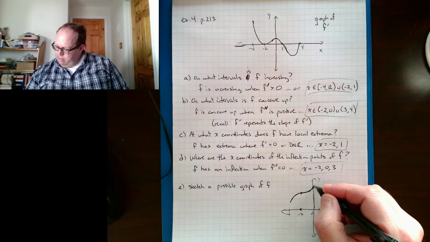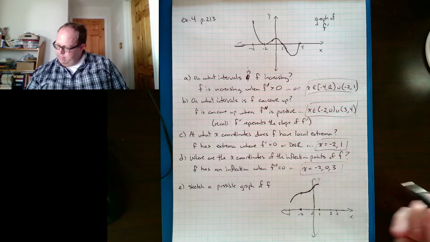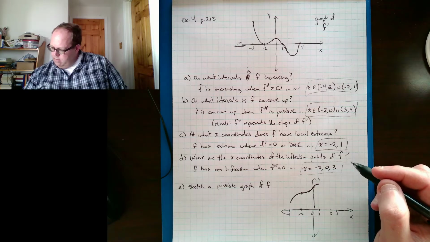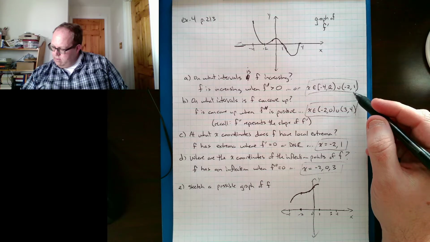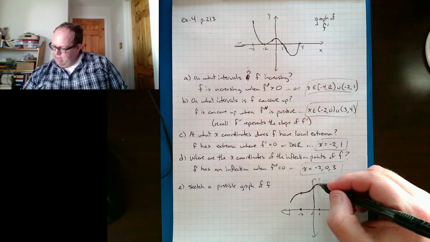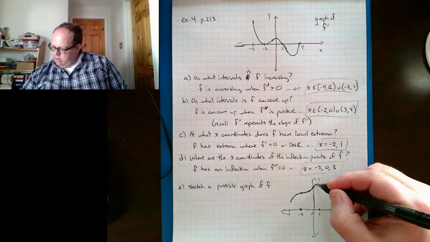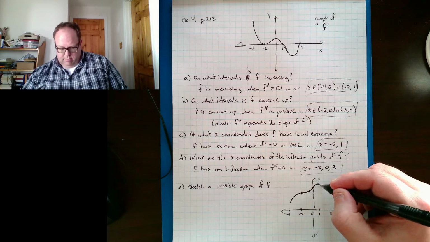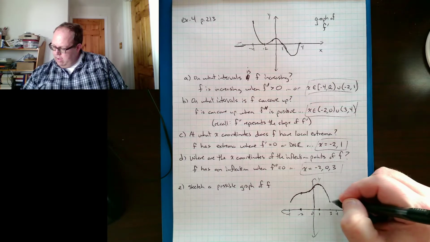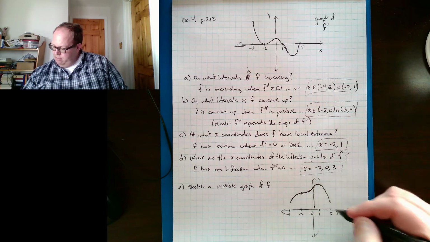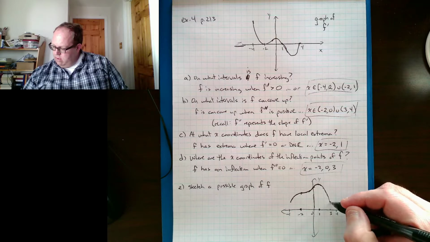Should make that steeper a bit. Give me something like that. I stay concave down all the way up to 3, at which point I go through one more inflection point for when I get to 4, where I stop.